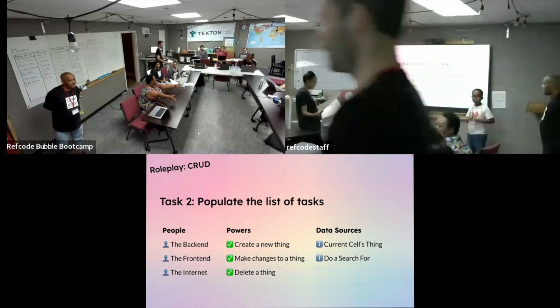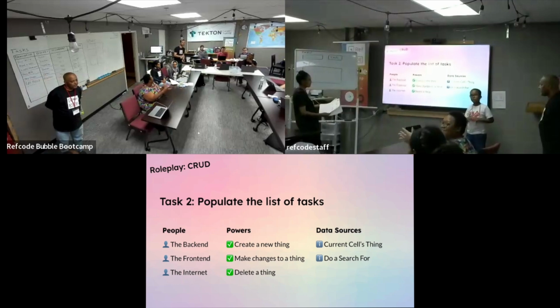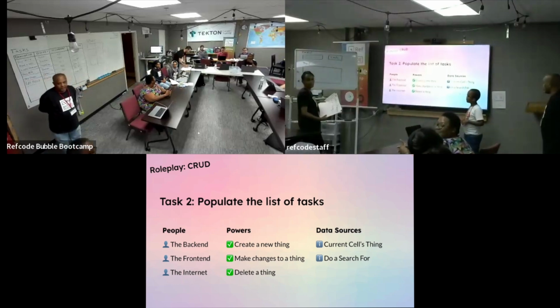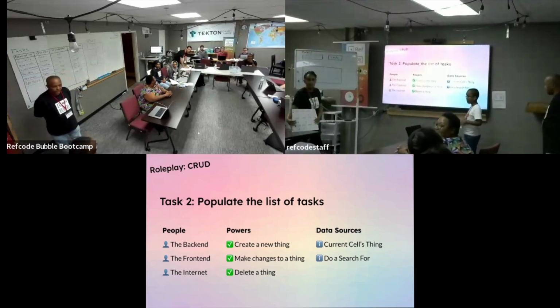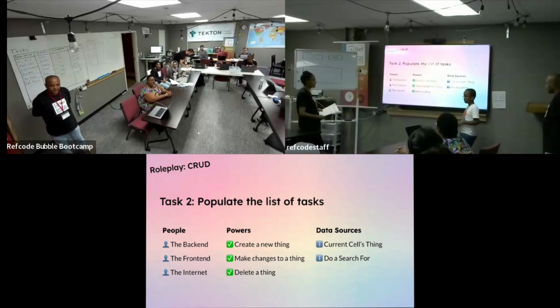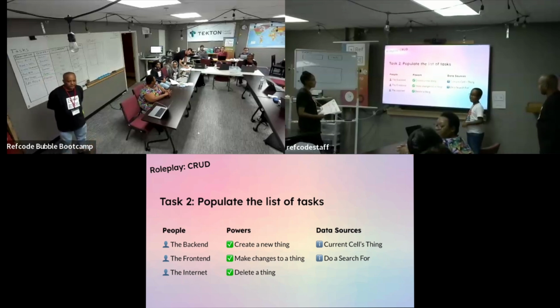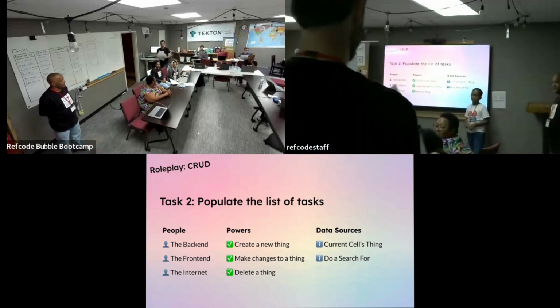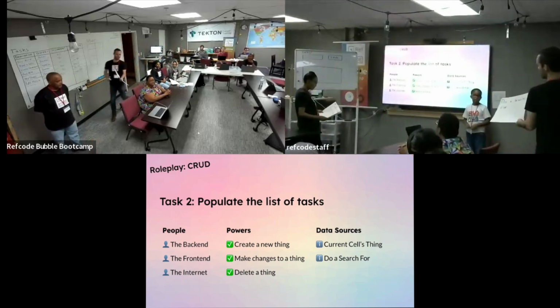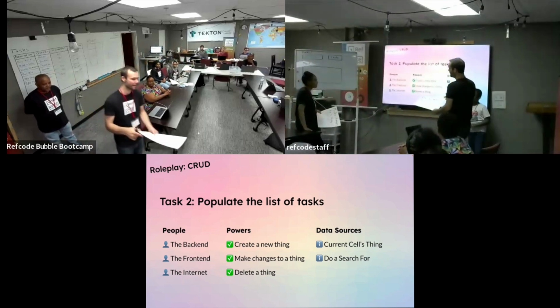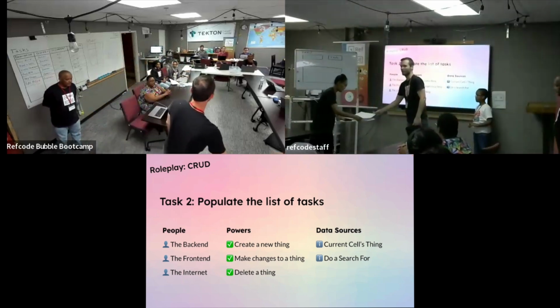I think the data source is sort of a power too, so I'm going to make a new one here: do a search for. Okay, so this is a data source. It's not actually a power, but it is also a power, and I think that's the one you're going to need.